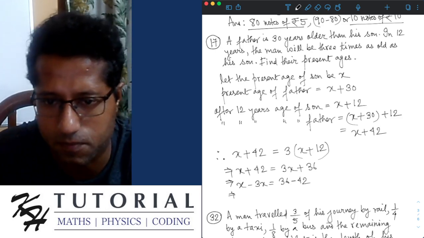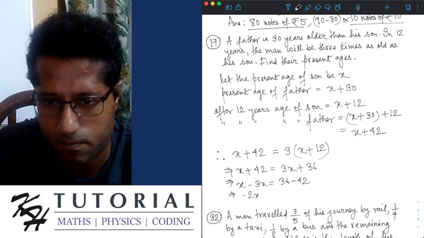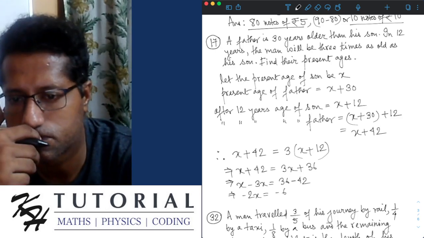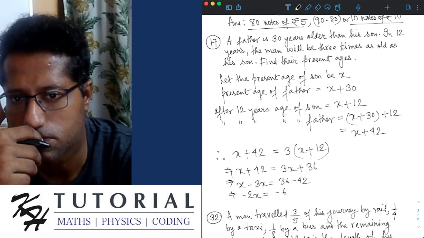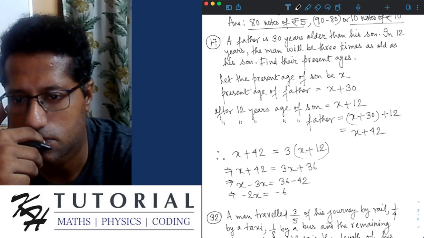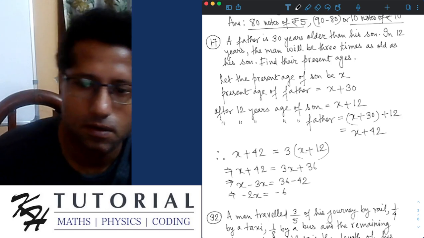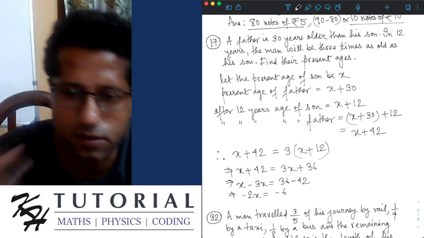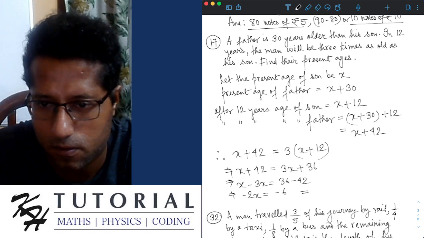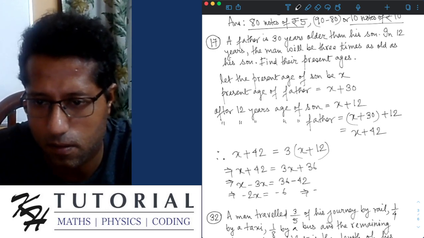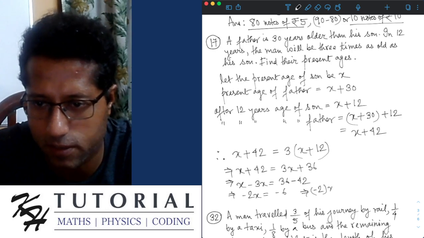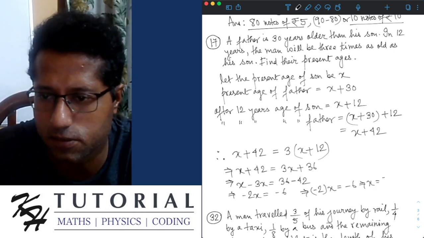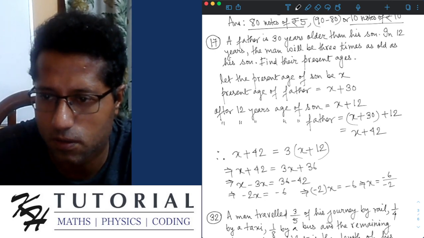After simplification, x minus 3x is minus 2x equals 36 minus 42, which is minus 6. So minus 2 into x is minus 6. This implies x equals minus 6 divided by minus 2 equals 3.